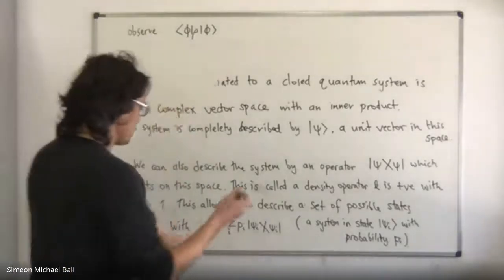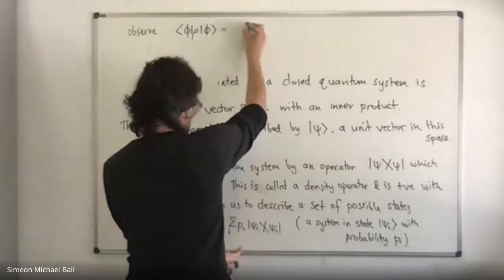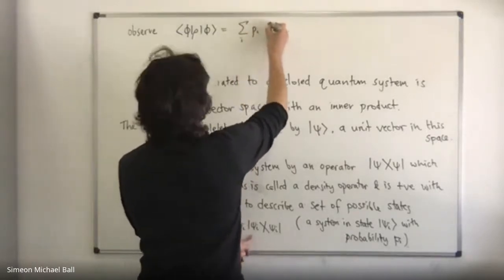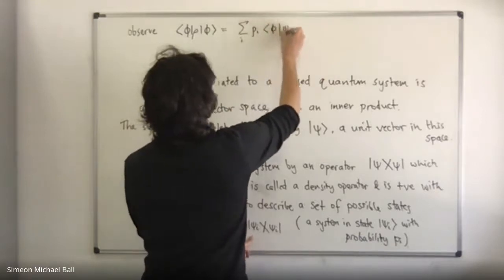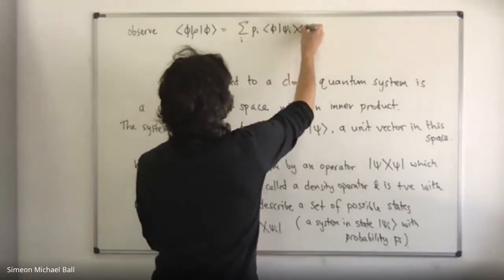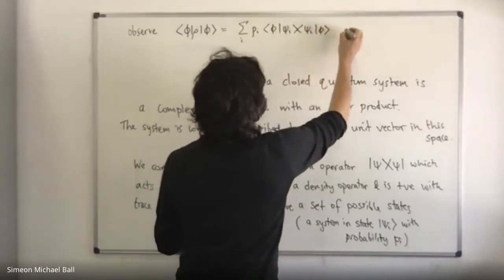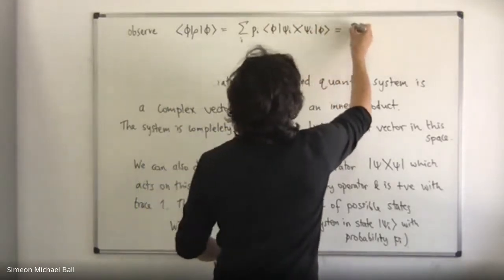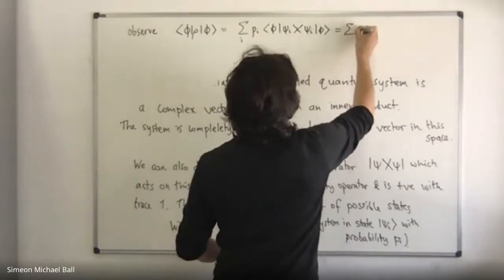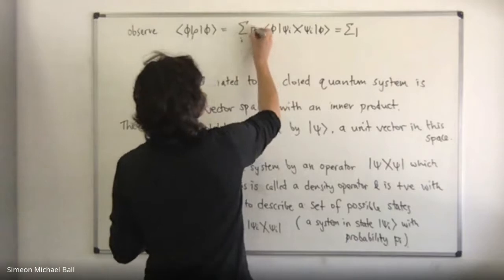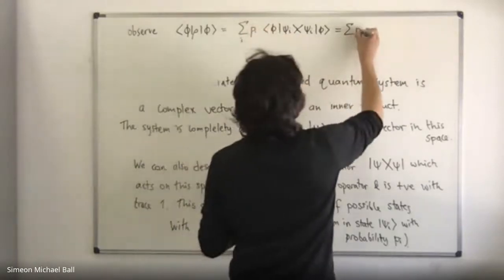And I just want to show this is positive, so that shouldn't be too hard. So this is the sum over i, Pi, phi. And of course, this should be up here. I've got to be very careful not to mix up my p's and my rhos.